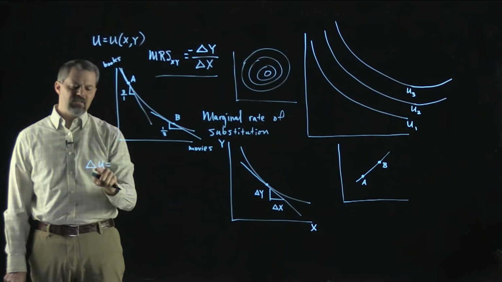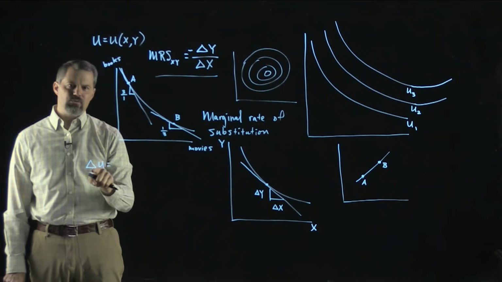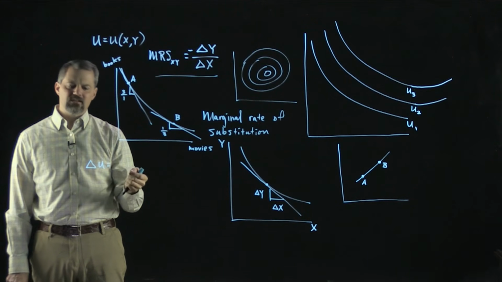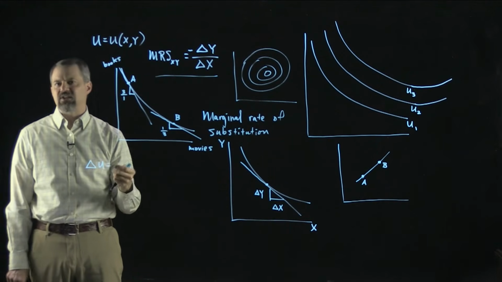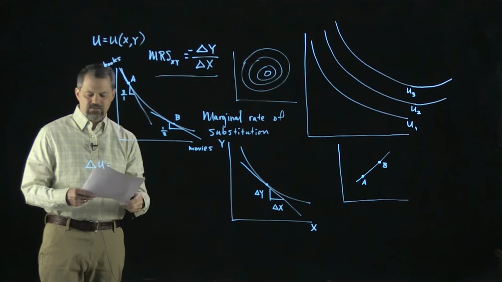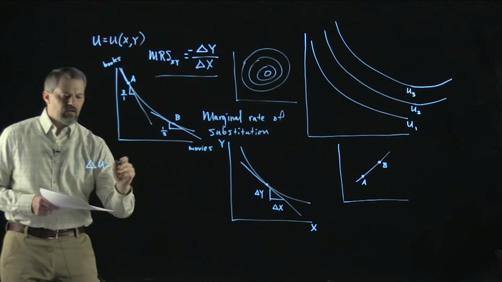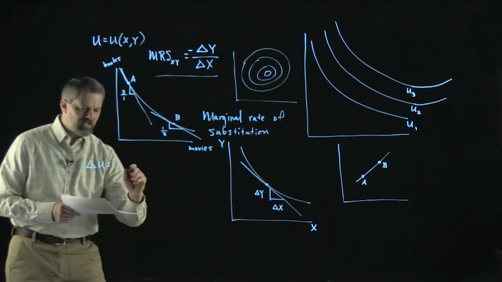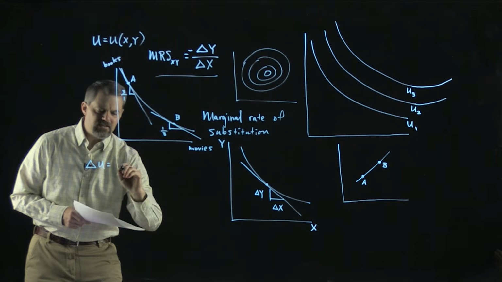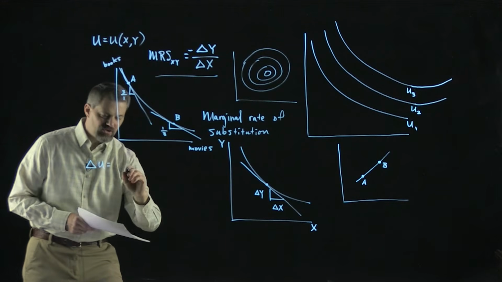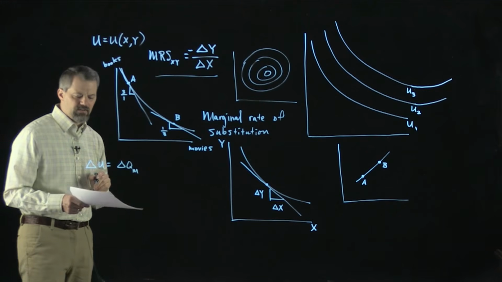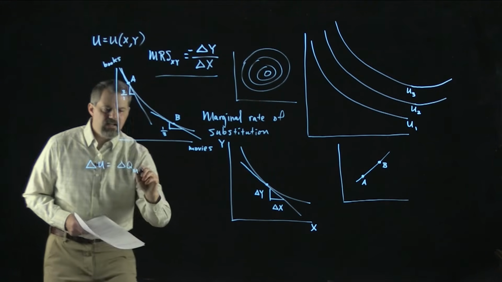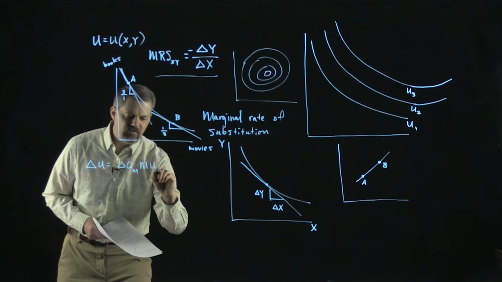So we can think about the total change in utility, and if you've had a calculus class, you can think about this as, say, a total derivative. This is the same idea. So our change in utility is going to be the change in the quantity of movies, I'm going to put an M down there, multiplied by the marginal utility of movies.